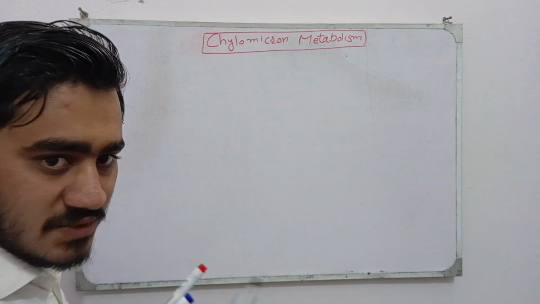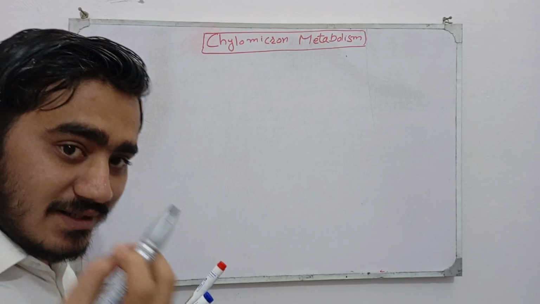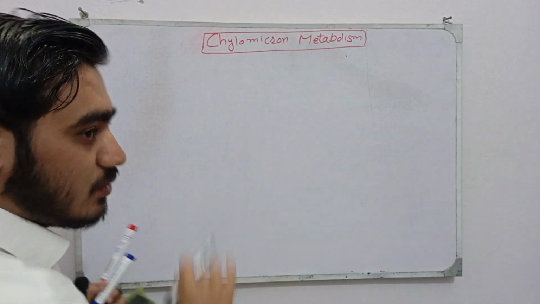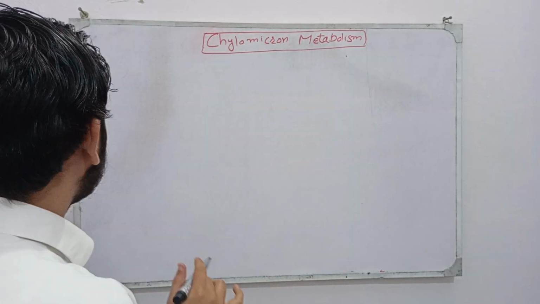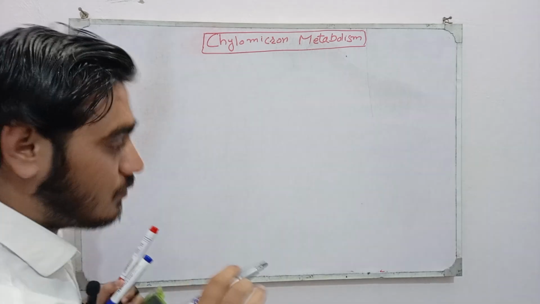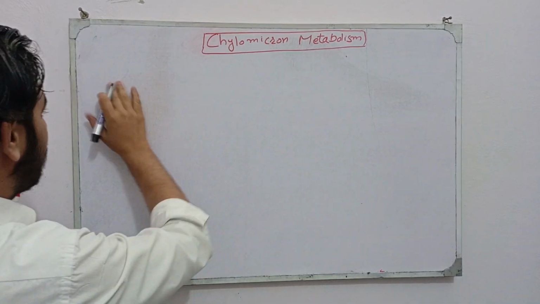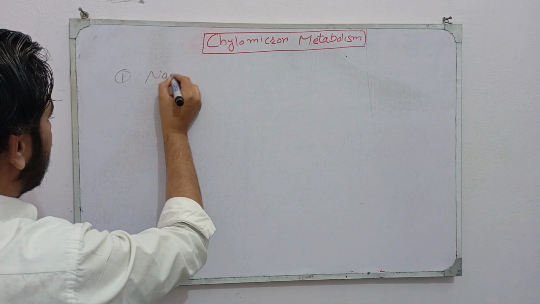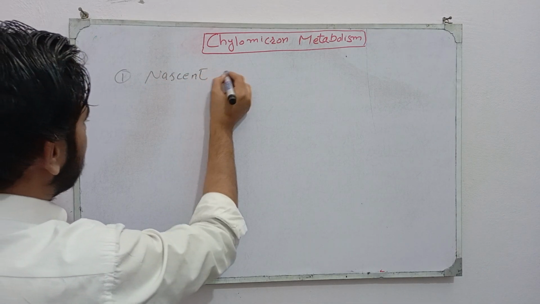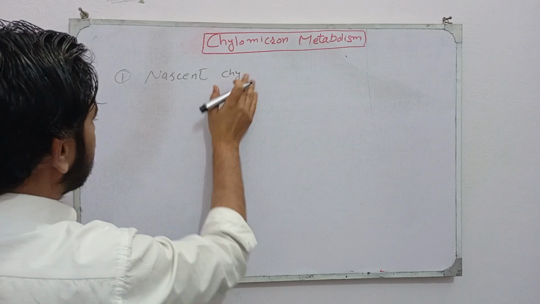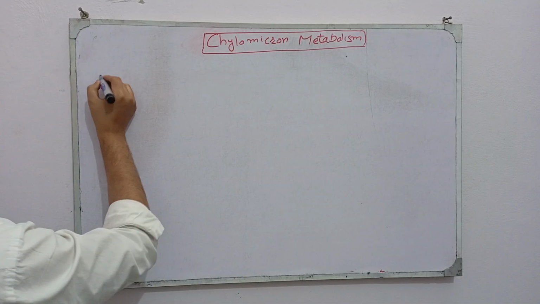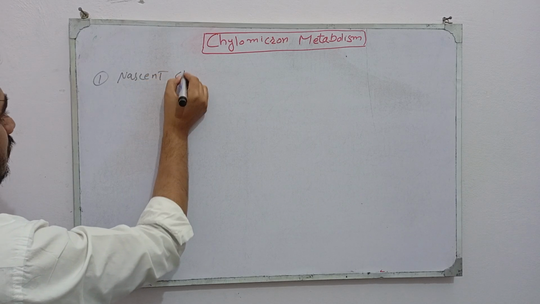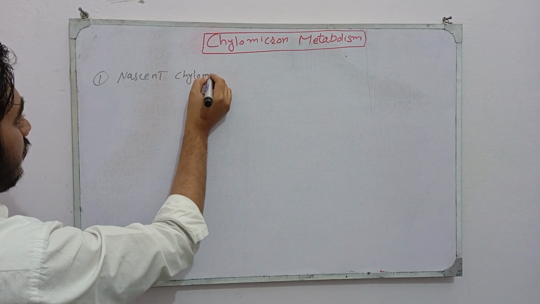Metabolism: there are some steps you must understand to understand chylomicron metabolism. You must remember these four steps. First one is nascent chylomicron formation.